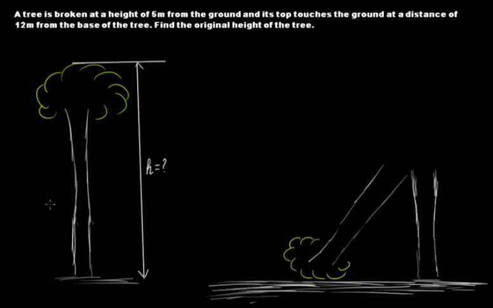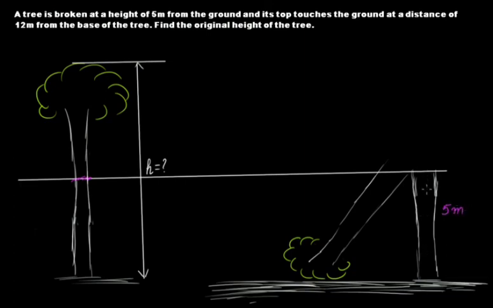It gets broken from here, from this point, and then this top portion falls. So this has been given to us as 5 meter, right? This height, and its top touches the ground at a distance of 12 meter.